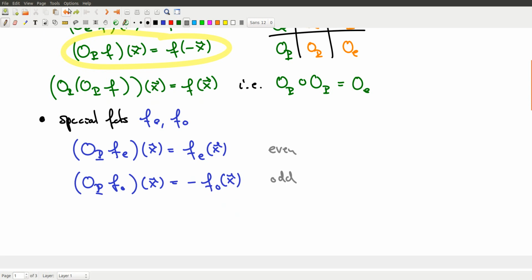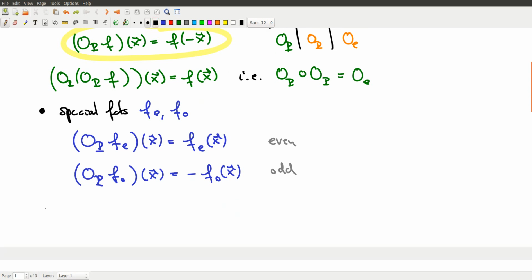Okay, now let's go on and consider this integral here. Integral over all of Rn, FE of x complex conjugated times FO of x.